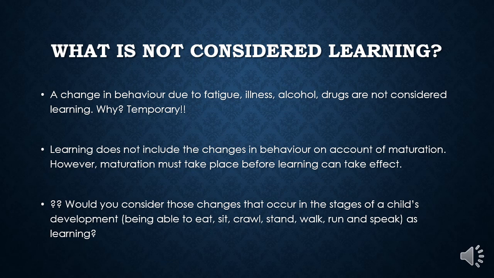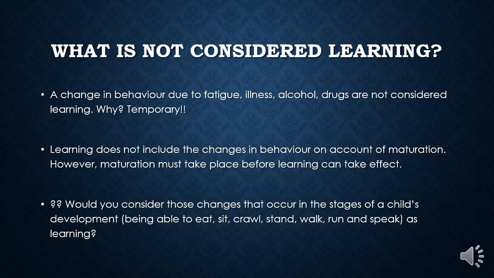Those changes are as a result of maturation. They are not as a result of learning. The child did not acquire learning in those instances. Those changes that occur in the stages of that child's development are due to maturation. So you do not regard them as arising from learning.